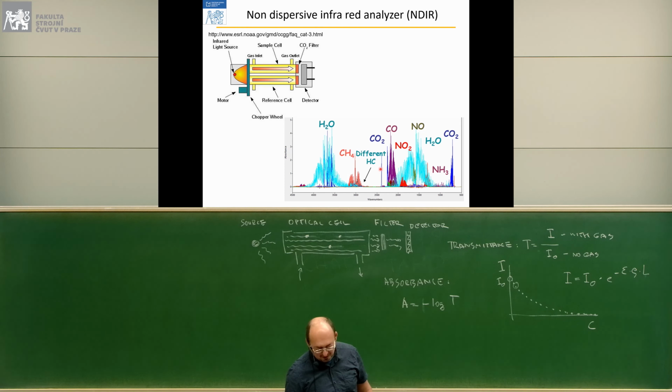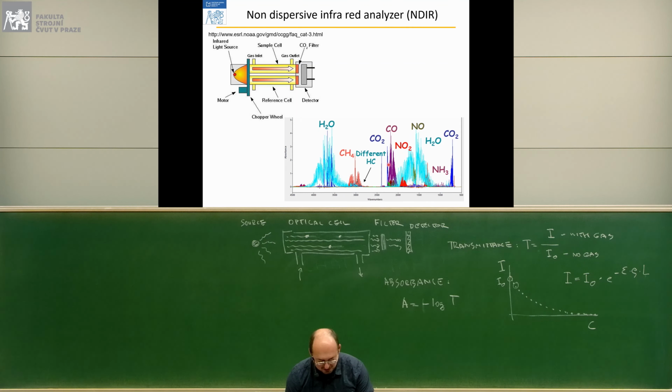So you are in fact quite limited by what you can measure. So NDIR measurement is typically restricted to CO2 in here, 2500 reciprocal centimeters, which is about 4 micrometers, and possibly around here, 12-13 micrometers.